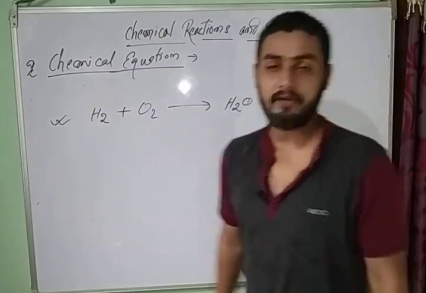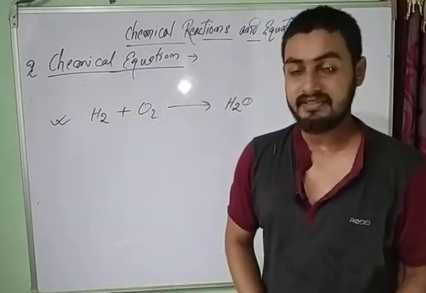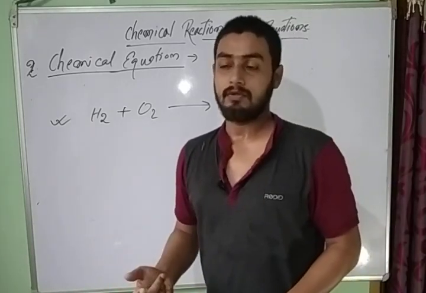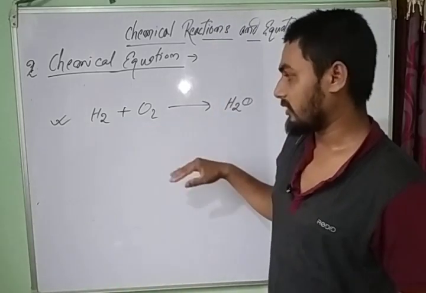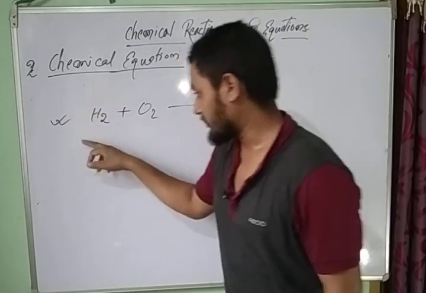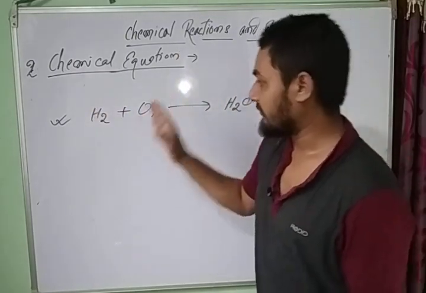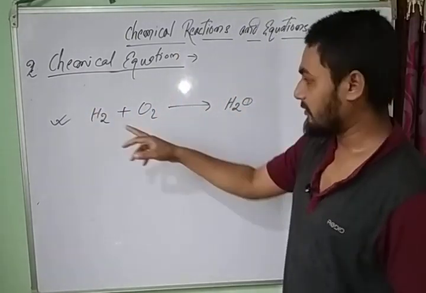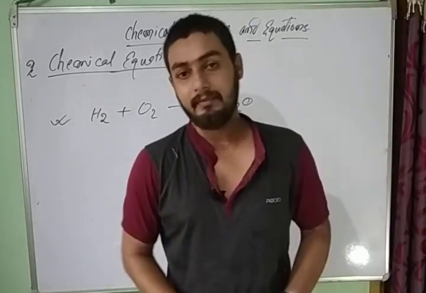And this is practically not possible. According to Dalton's postulates, this is not possible. So this type of chemical equation, where the equation is unbalanced and no physical state is mentioned, is called a skeletal chemical equation.